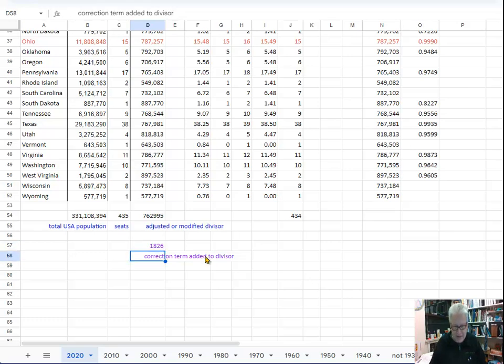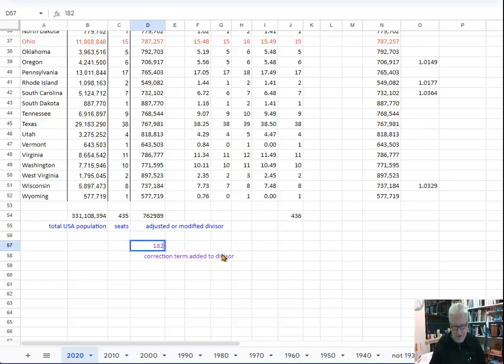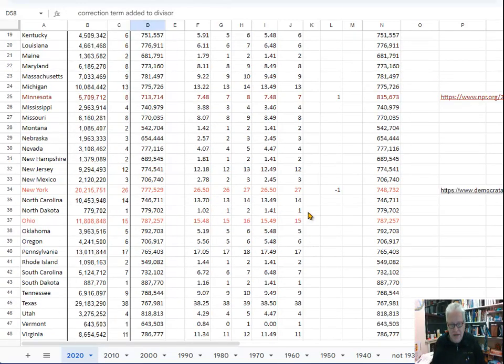Okay, that's actually, let's see which one works. Oh, okay, well, very, very small differences here. There it is, 1,824. Now it's actually Minnesota that would have lost a seat, and New York would have actually kept a seat.